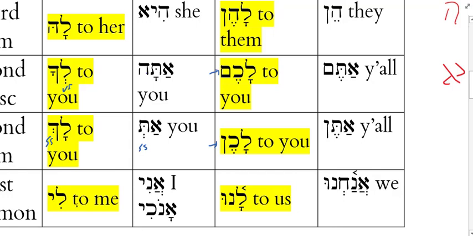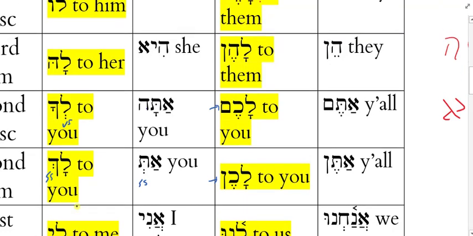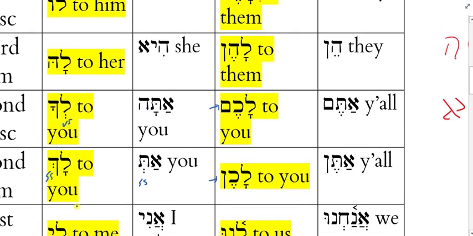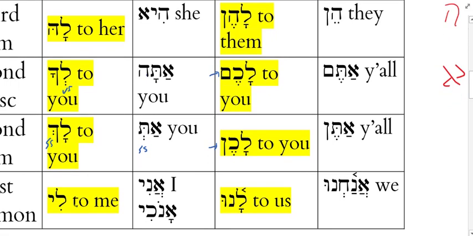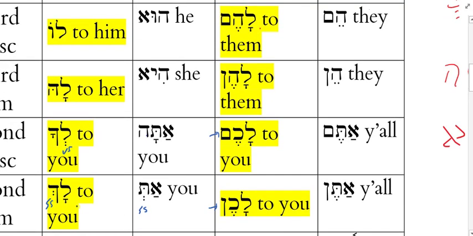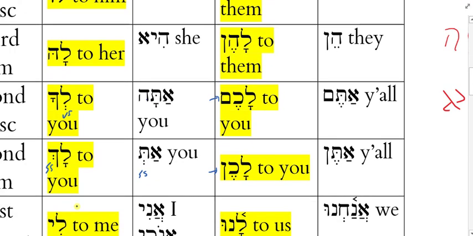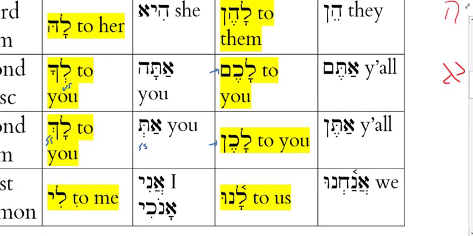This is the only place where we have first syllable stress when there's two syllables. So you need to make sure you put that accent mark on the lamed. Lanu, lanu, lanu. Okay? So let's repeat these one more time, everybody. Ready? Lo, la, lecha, lach, li, lahem, lahen, lachem, lachen, lanu.